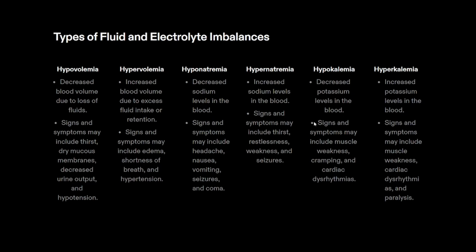In case of hypokalemia, the main signs and symptoms are weakness, cramping, and cardiac dysrhythmias. Whereas in hyperkalemia, as there is increased potassium, we can see muscle weakness, cardiac dysrhythmias, and paralysis also.